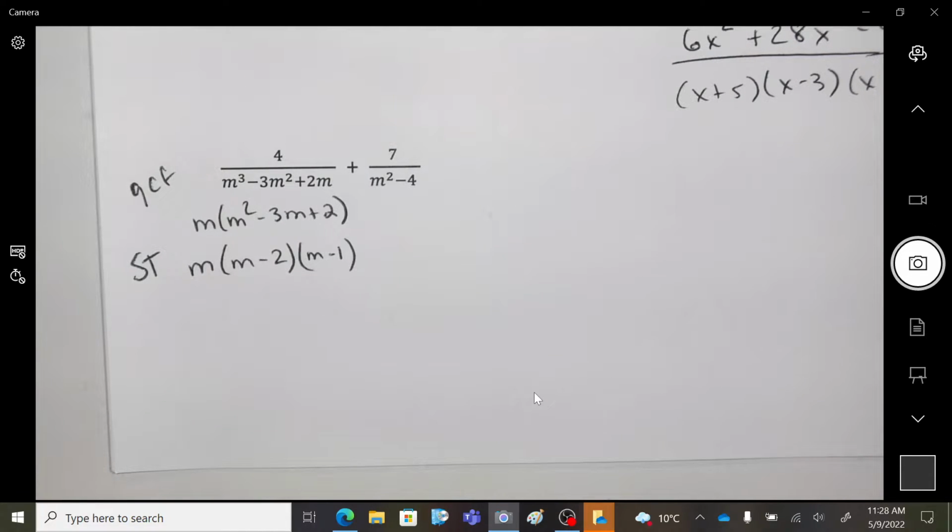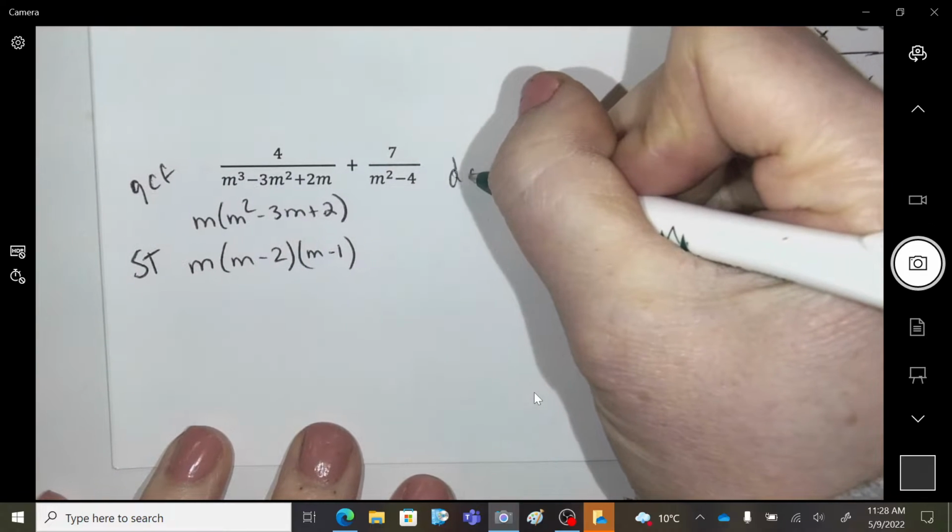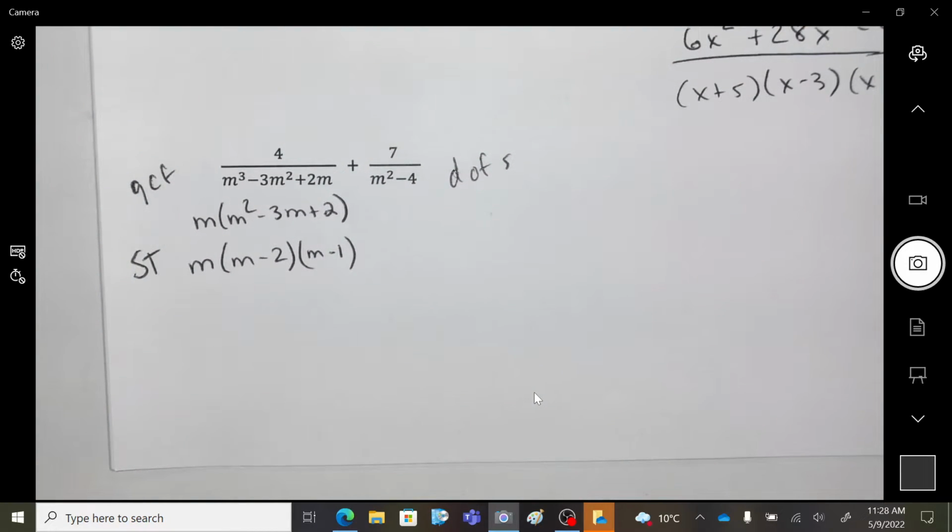Okay, on the other one, can we do a difference of squares?